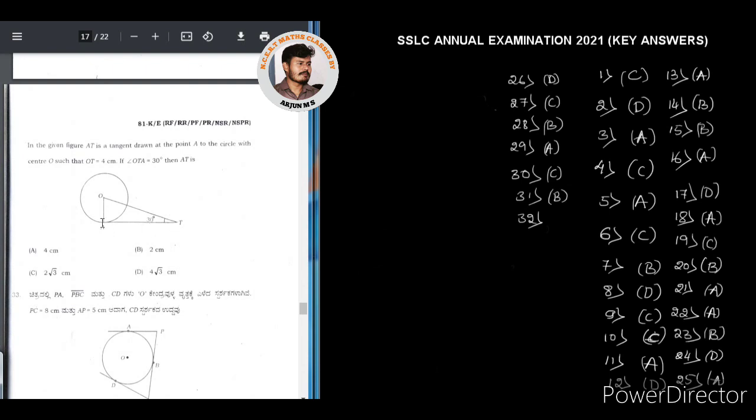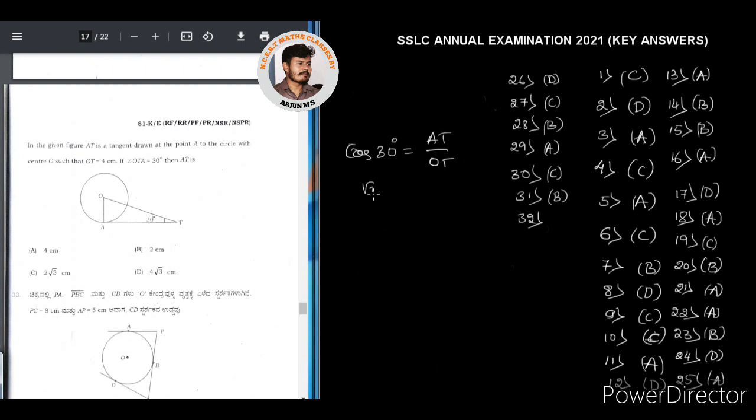They are asking you to find the adjacent. That means the length of the tangent also, right? By using a ratio that should include hypotenuse as well as adjacent, right? So by using cos ratio, cos 30 degree is equal to adjacent by hypotenuse, that's why AT by OT. Now what is the value of cos 30?